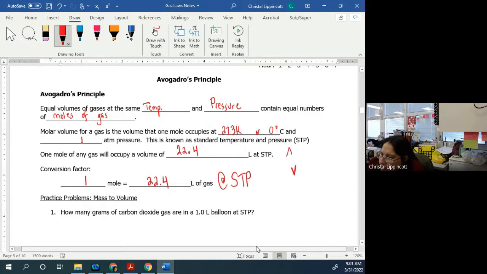Avogadro's law then. I don't think I spelled his name right. Avogadro's law is V1 over n1, n is moles, equals V2 over n2.